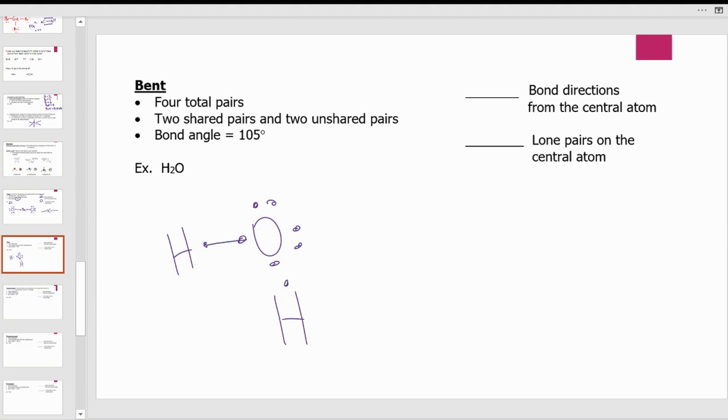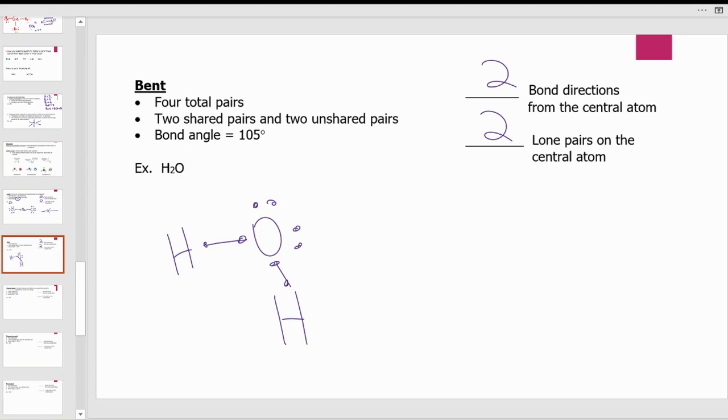And then we connect them. How many directions is the oxygen going in? 2. How many extra pairs are on oxygen? 2 pairs. 4 electrons is 2 pairs. So this is the bent shape.